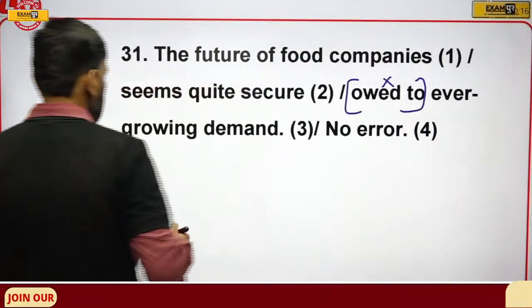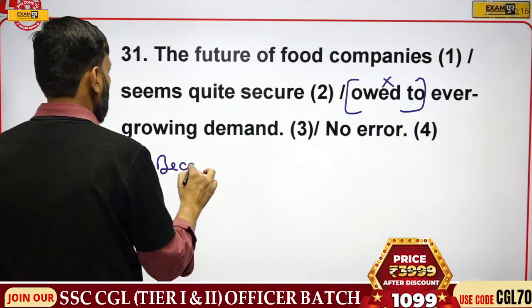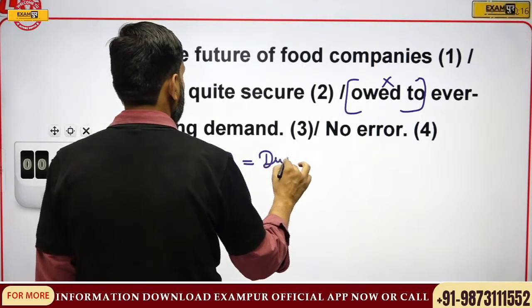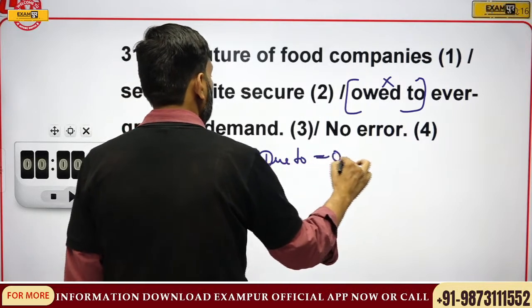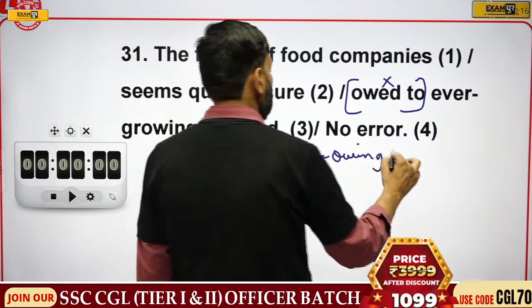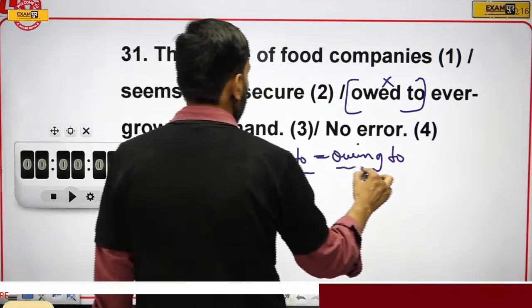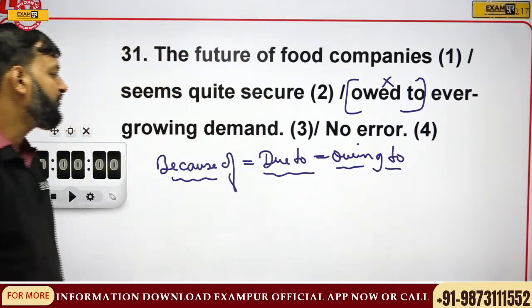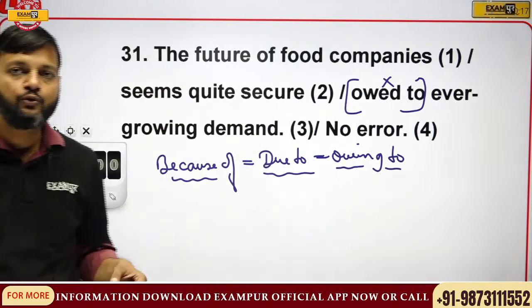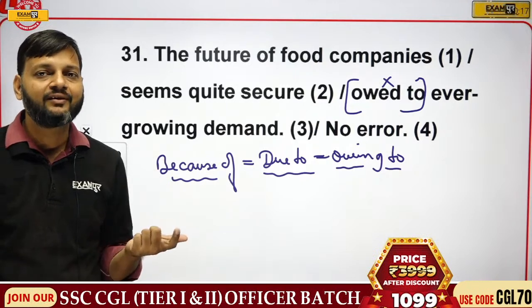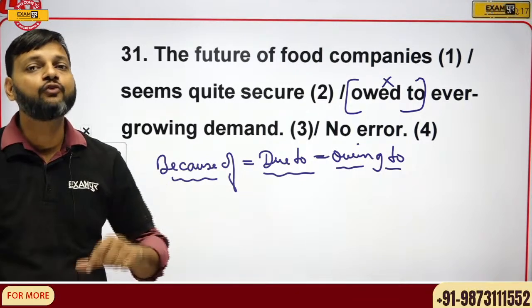Because of, due to, and owing to. These are three expressions which have the same meaning. Owing to is a phrase which means because of or due to.